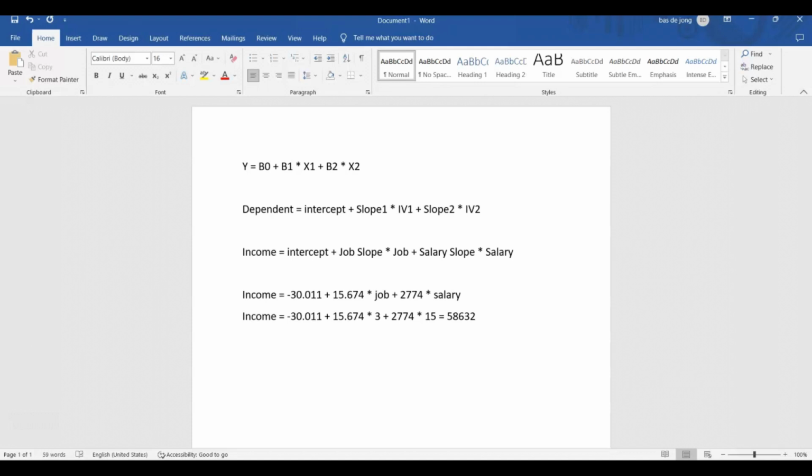So this is how you can make calculations with the coefficients tables of mediators with multiple linear regression. We can do another example.